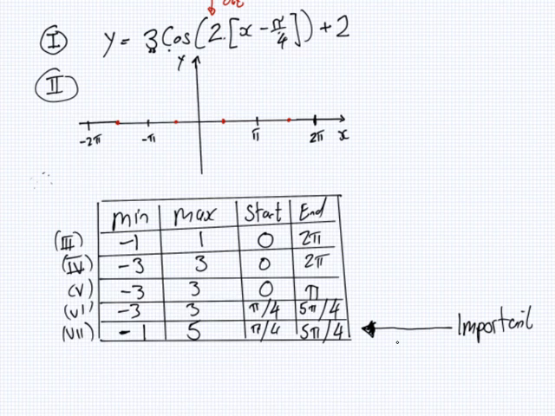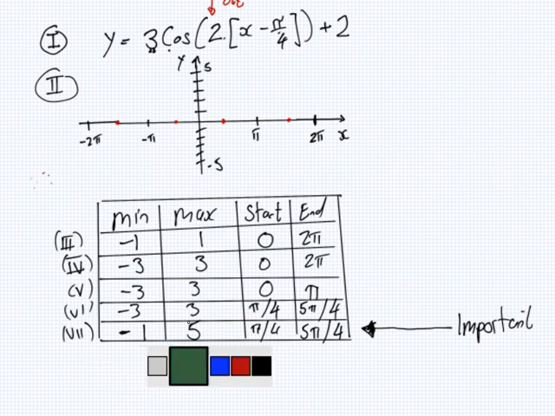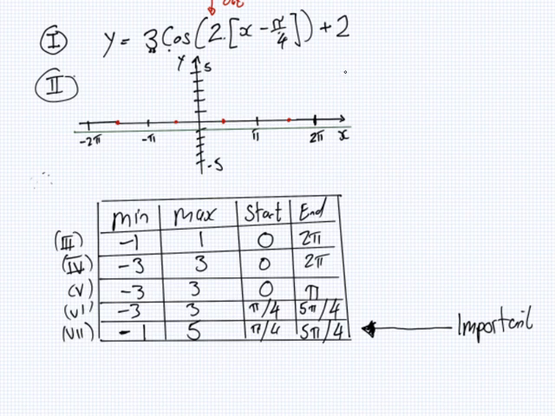So, in green, let me just mark off -1. Hang on, we need to put in 5. So, 1, 2, 3, 4, 5. Okay, so -1 to 5. And then pi over 4.